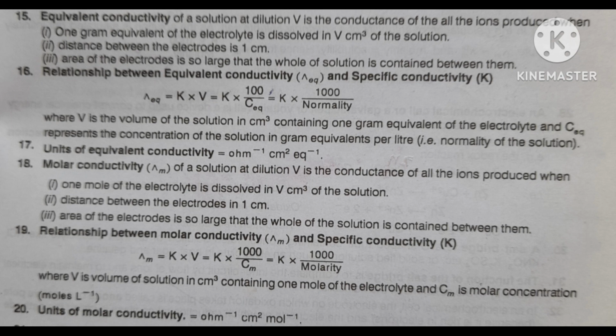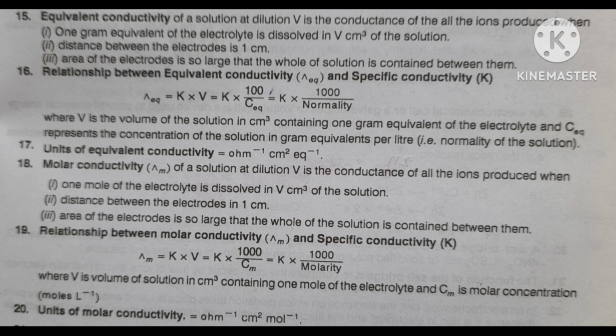Concentration is expressed in normality, and in molarity also, in many ways. Now in the place of Cm you can write molarity. In the earlier case you wrote normality, now here molarity, same way.